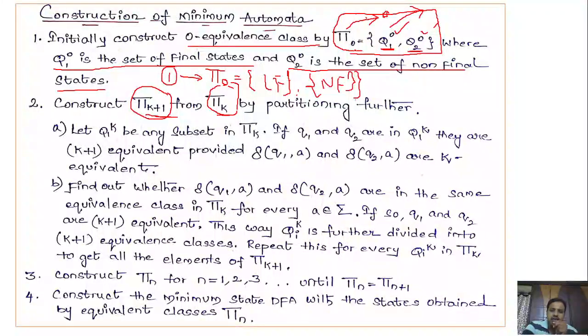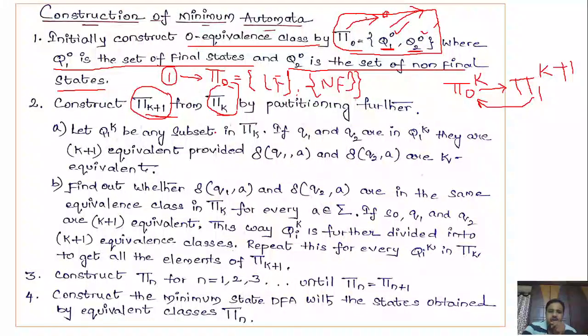Here we have taken initially the partition set as pi naught, and from this pi naught we are going to generate the partition set pi 1. So how do we generate pi k plus 1 from the current partition set pi k?